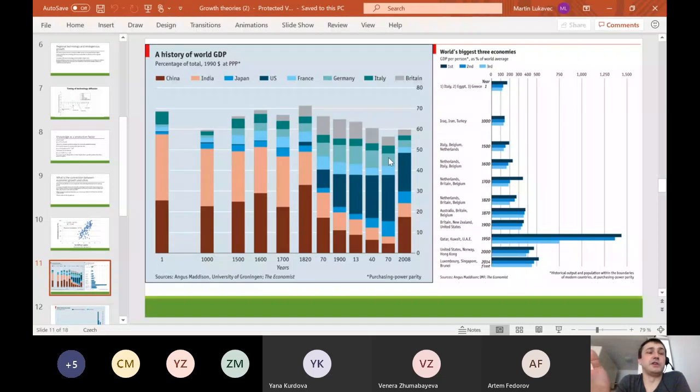When the Industrial Revolution came to Europe, it took a long time before it spread everywhere else. But after the 1970s, China and India started industrializing really heavily, and since then it is coming back to what it used to be.